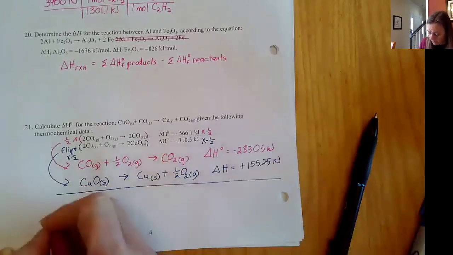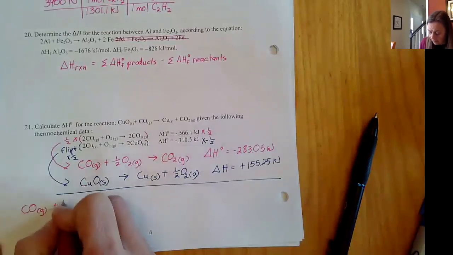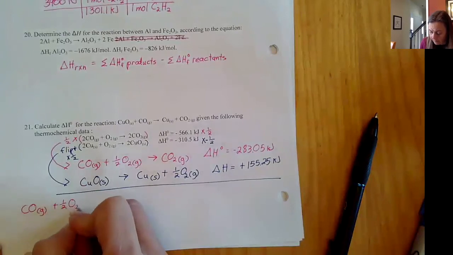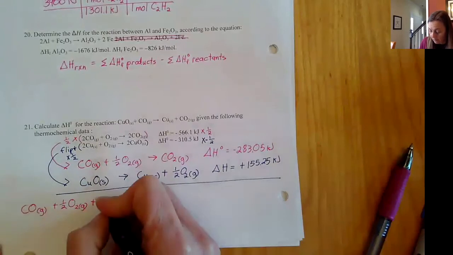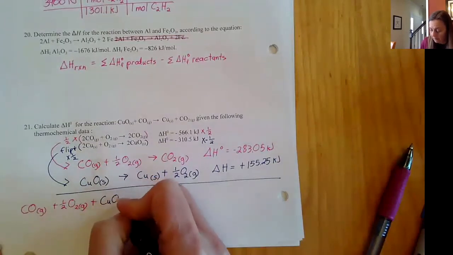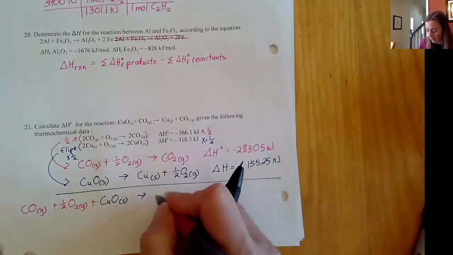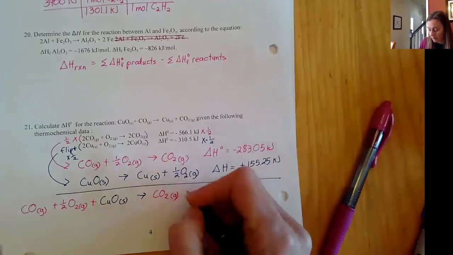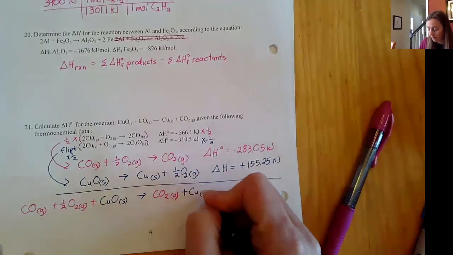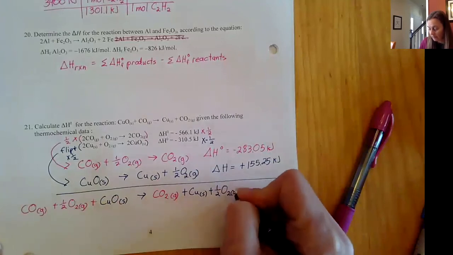So I'm going to have carbon monoxide gas plus 1/2 O2 gas plus copper 2 oxide solid yields carbon dioxide gas plus solid copper plus 1/2 oxygen gas.